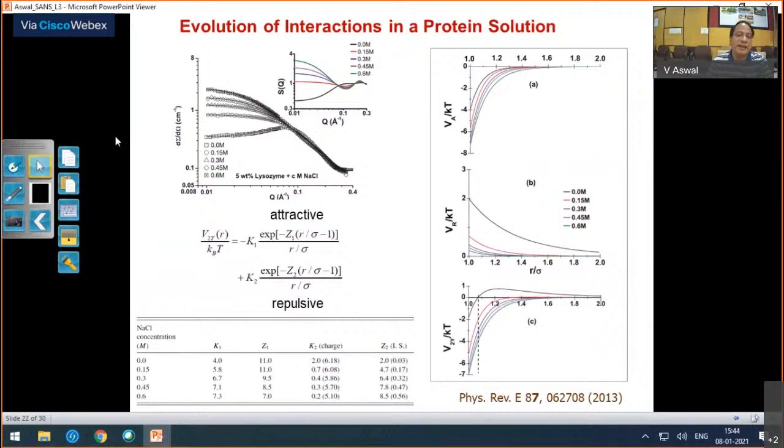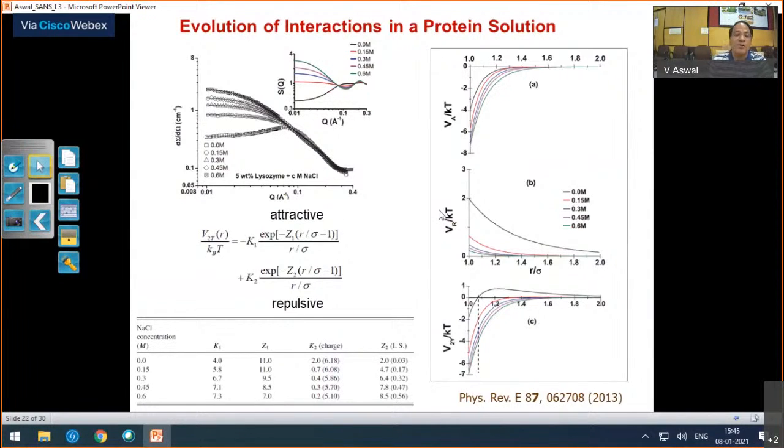As I was saying, you can look at the features in the measured data. For example, at low salt concentration, you have a correlation peak. Then as you increase salt, you have a buildup of scattering intensity in the low Q region. And once you have a buildup, the first thing is your repulsive interaction is modifying, because at low Q value it is low. And then it could be your interaction modifying.